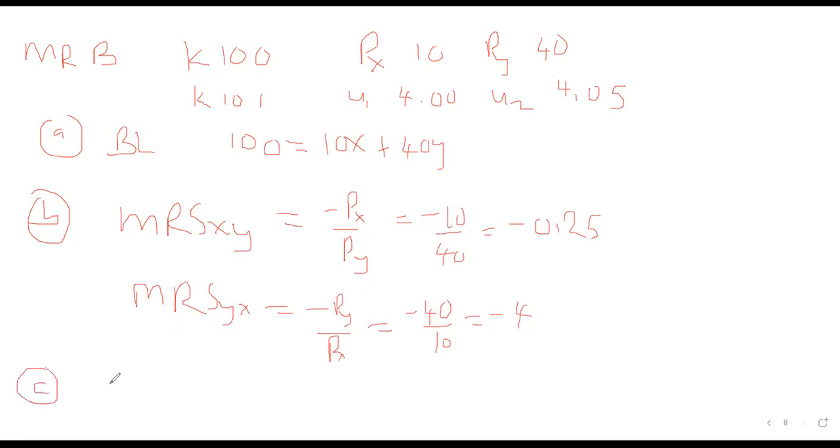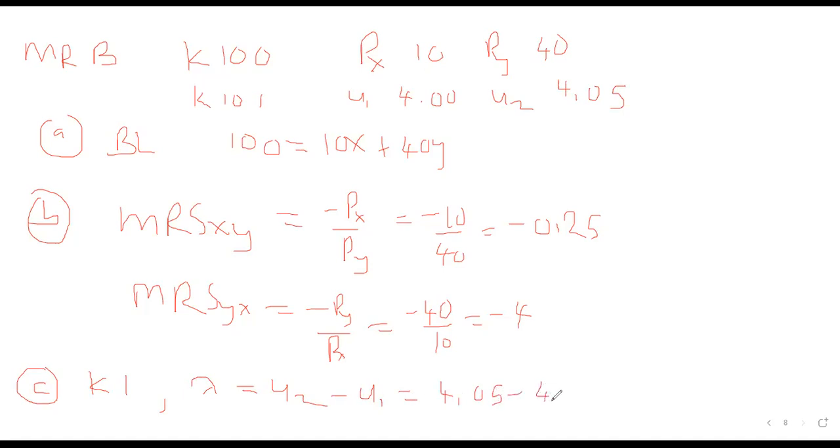Then what is the impact of a one-kwacha increase in your budget? The impact of a one-kwacha increase in the budget is your lambda. Lambda is the difference between the utils, the second util minus the first util. We had the second util after we increased the budget from 100 to 101.